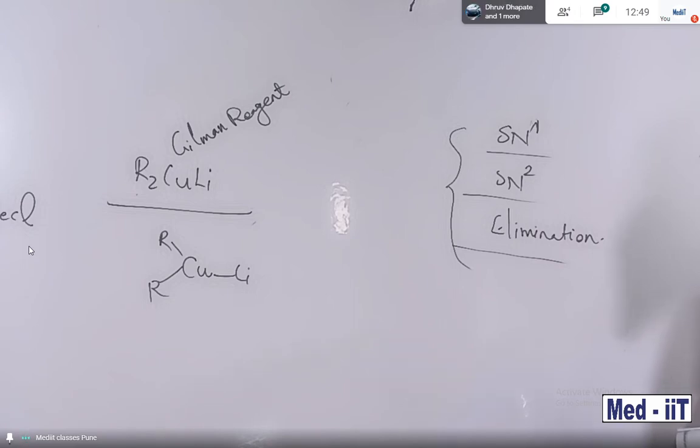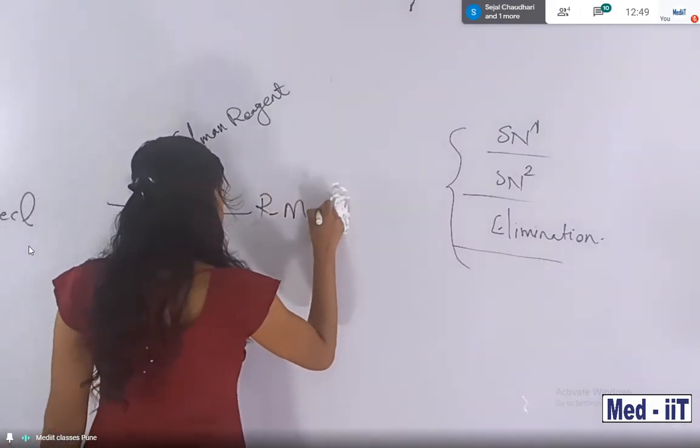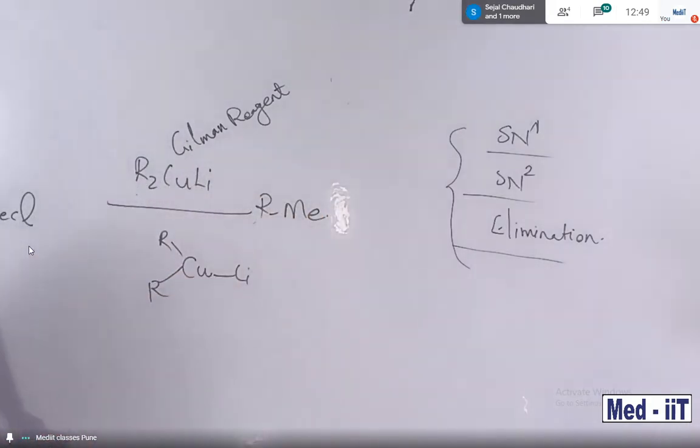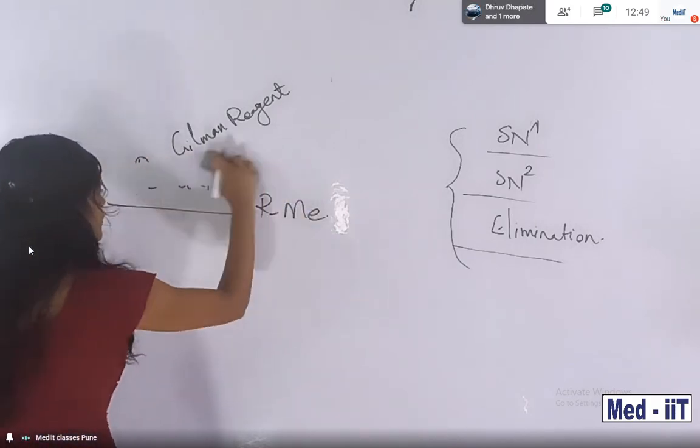So what about that? Can you give the product, Sejal? RMA, of course. RMA. But try to identify the reagent R2CuLi, Gilman reagent. Famous reagent.